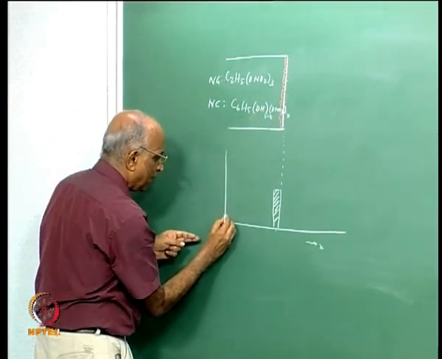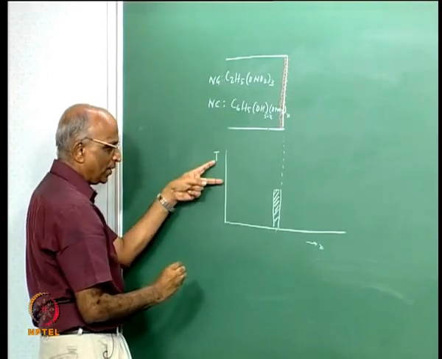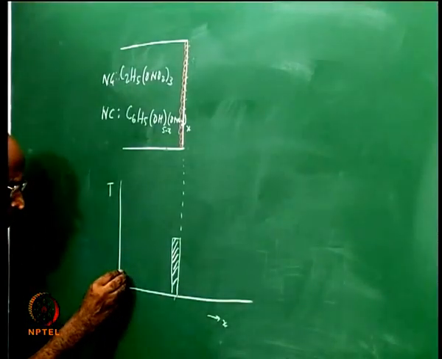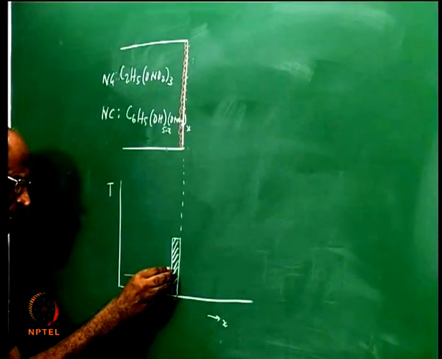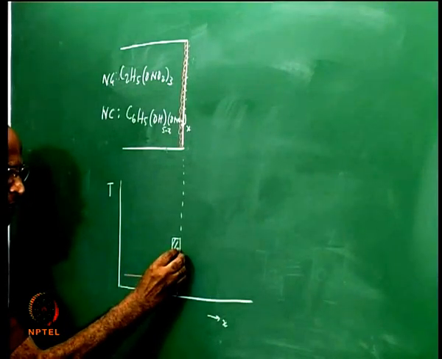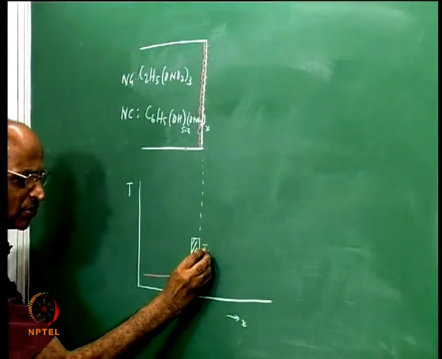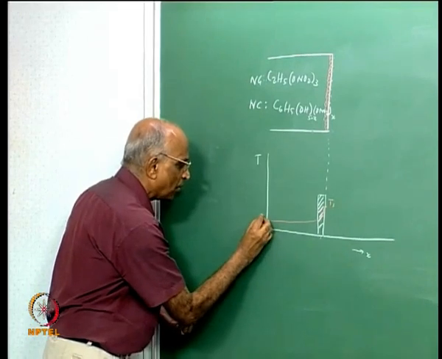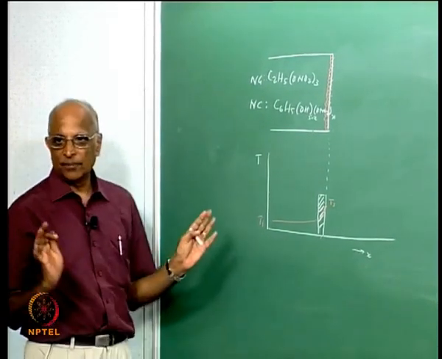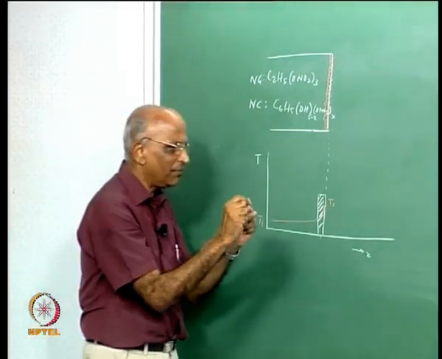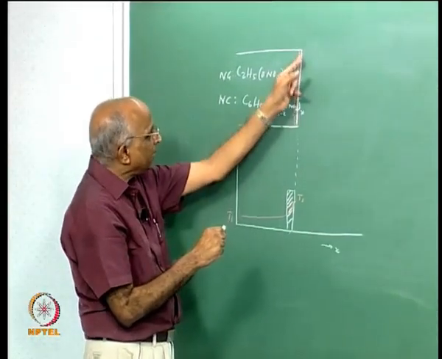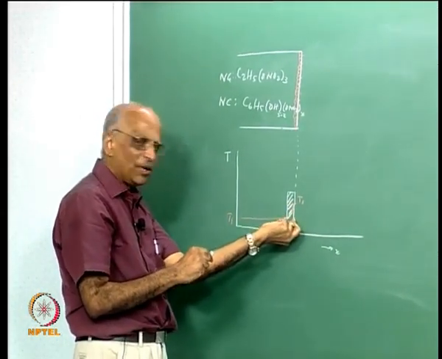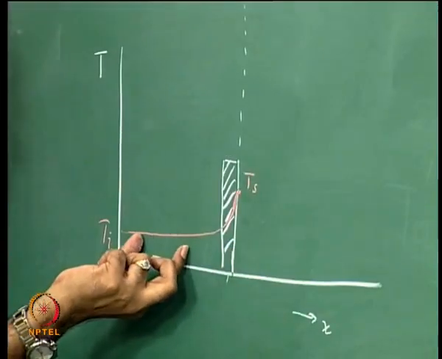My curve, with temperature on the y axis and distance along the x axis, will be something like this. Let me show it in red. The depth is really not heated; the temperature begins to rise, and here I have the surface at temperature Ts, and this is the initial temperature of the propellant, Ti. Just like I ignited the sparkler with a matchstick, I ignite this surface, the surface temperature increases, heat gets conducted over a certain thickness, and thereafter the temperature is the original.